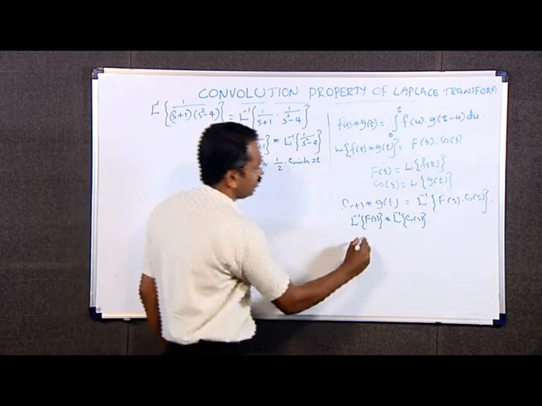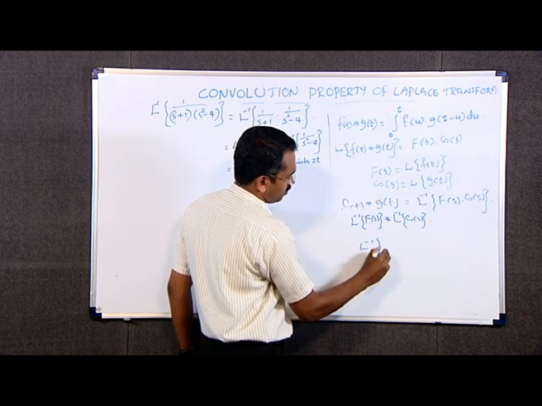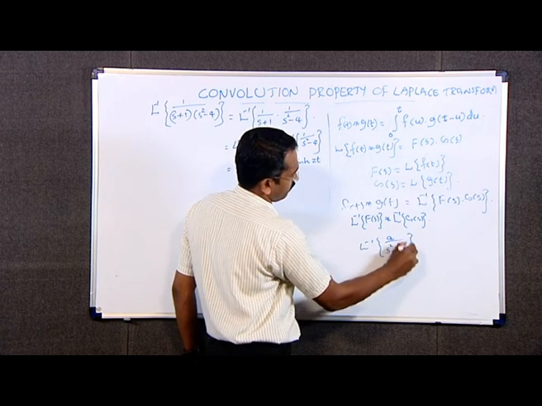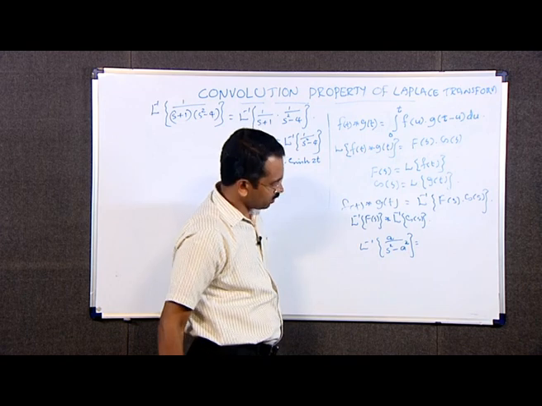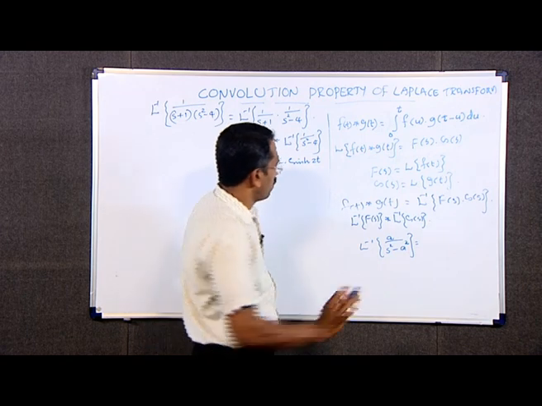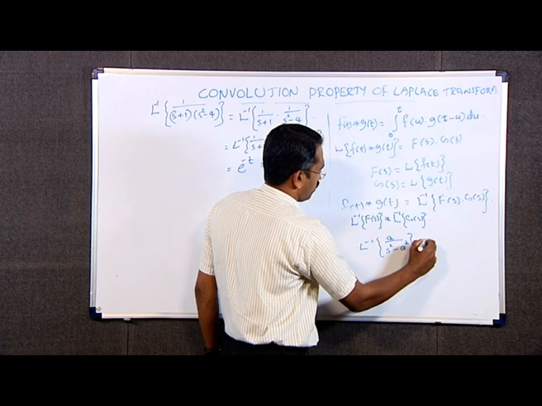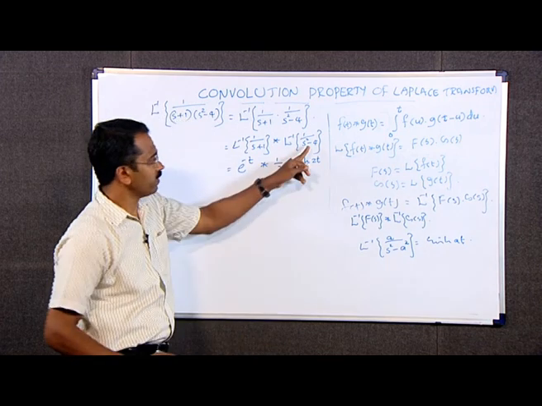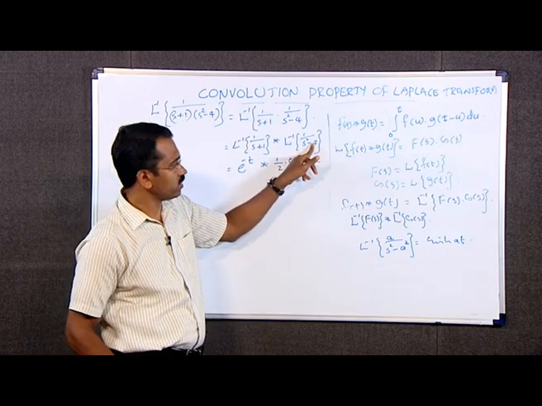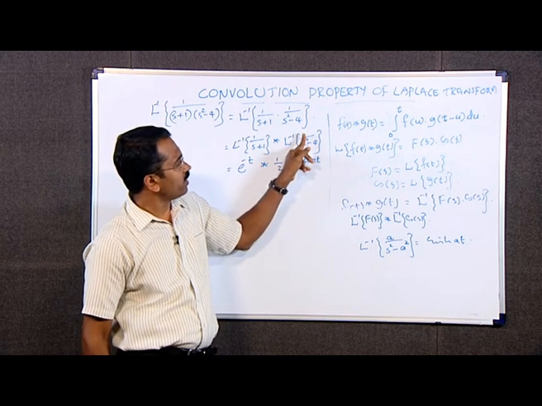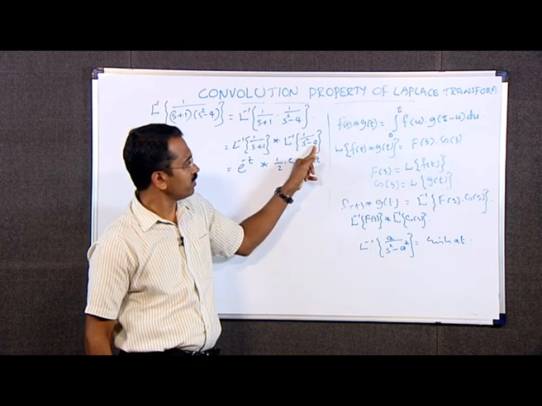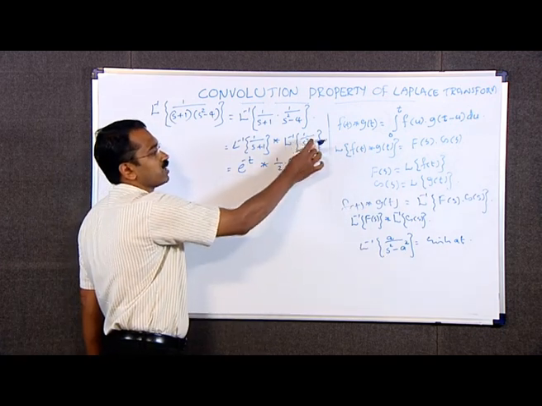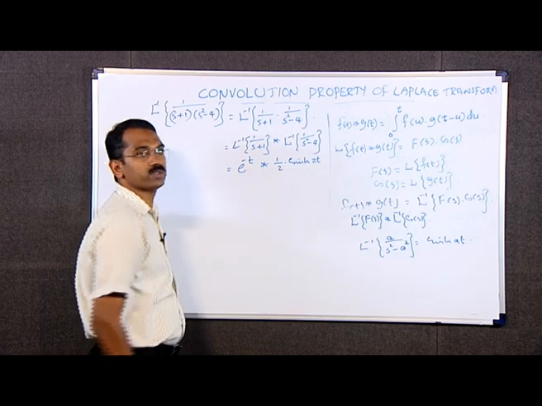We have L inverse of a by s square minus a square equal to sin h a t. Here, 4 means 2 square, so we write L inverse of 1 by s square minus 2 square, and instead of a, it is 2. Therefore, L inverse of 1 by s square minus 4 is equal to 1 by 2 into sin h 2t.